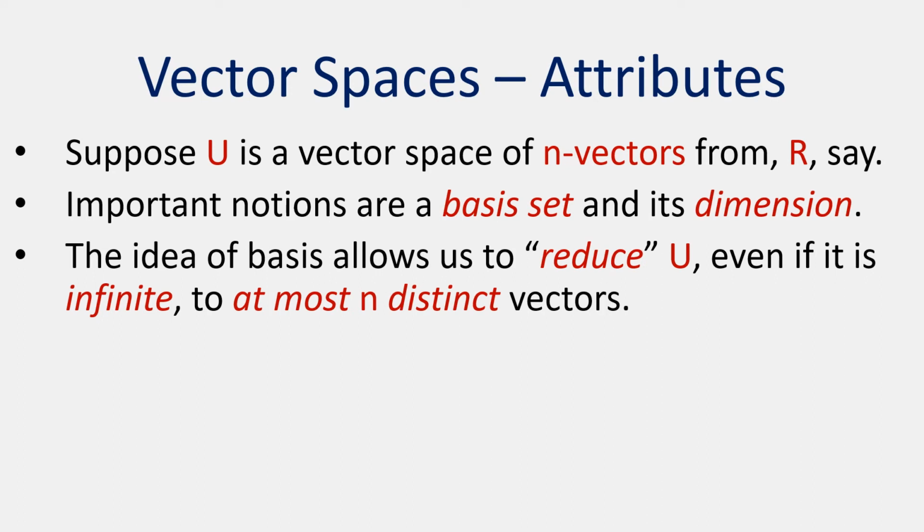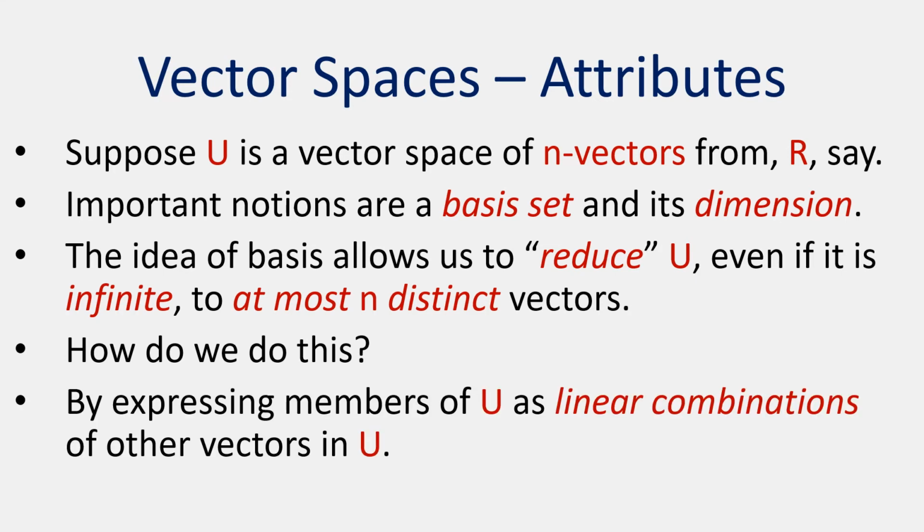So this notion of basis, this allows us to simplify the description of the set of vectors. It allows us to reduce the set of vectors, even if it's an infinite set, to at most some number of distinct vectors. So how do we do this?